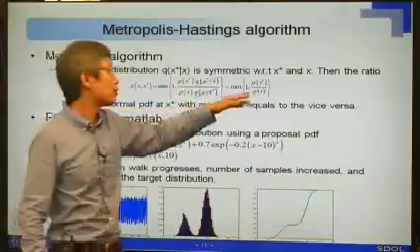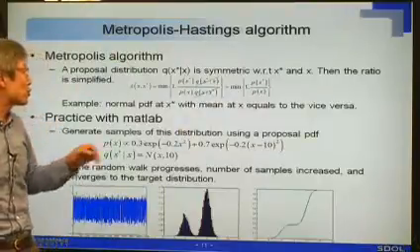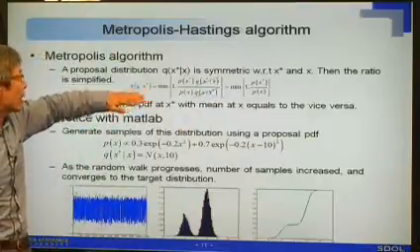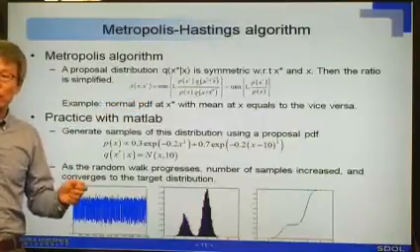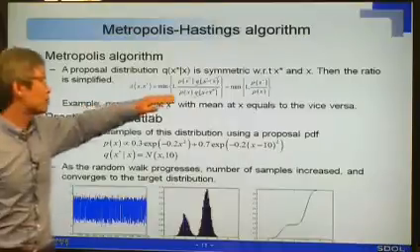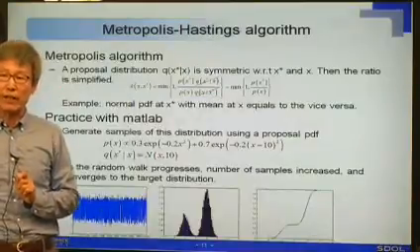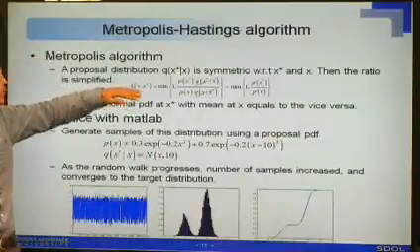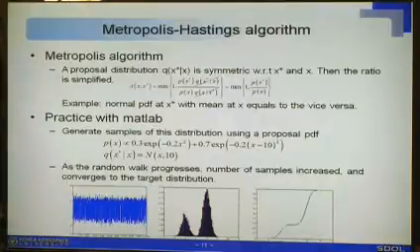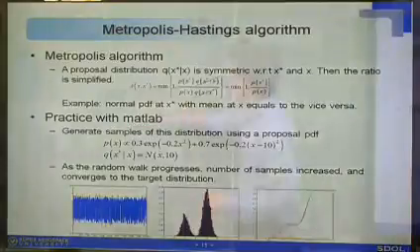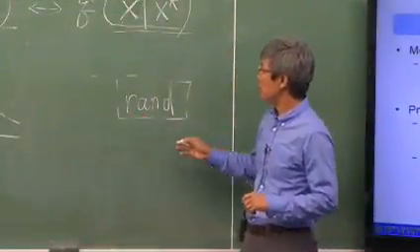And if it's greater than 1, always take that, because this ratio ranges between 0 and 1, and if it's greater than 1, it is the same as the value 1. We compare this with a randomly generated number, in Matlab a simple random number varying between 0 and 1.